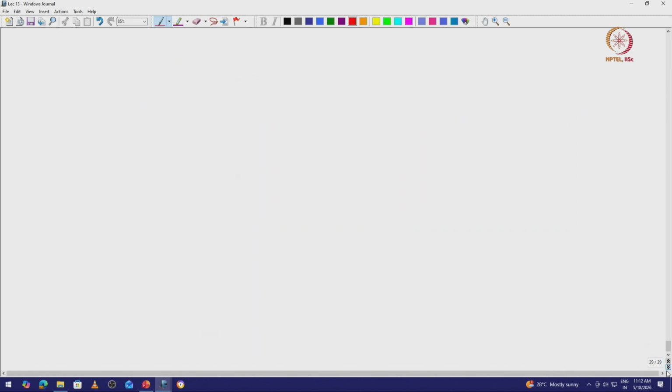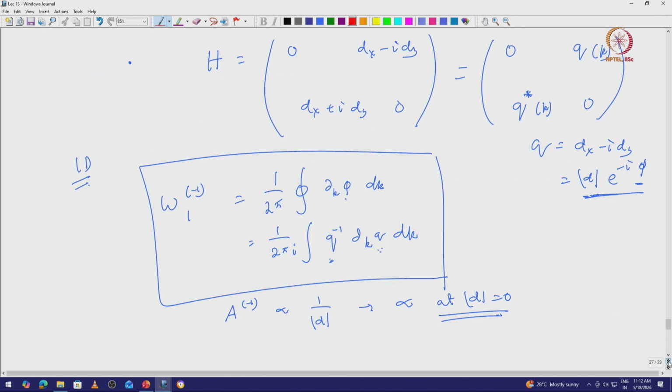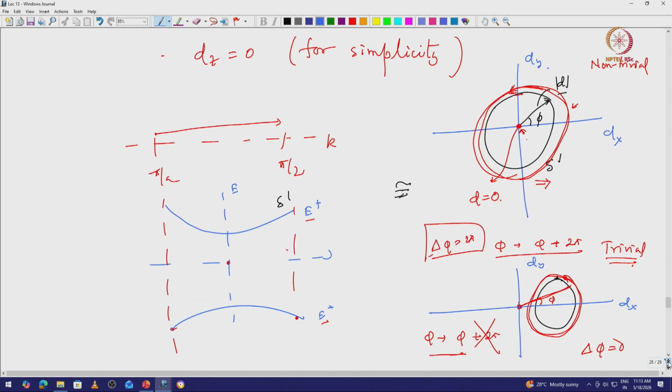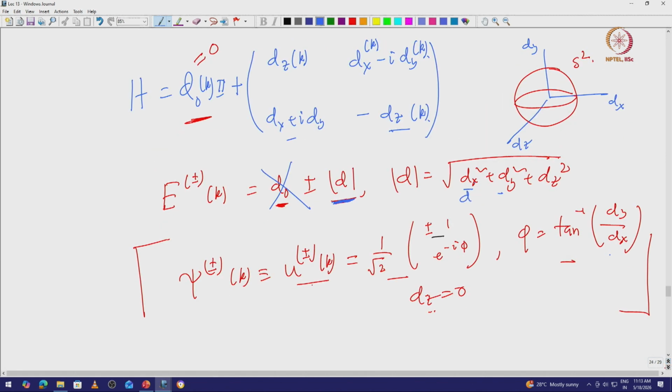Okay. So, let us see that. Energy eigenvalue will again be plus minus d, which is now the square root of d1 square plus d2 square plus d3 square. I will keep on using dx, dy, dz or d1, d2, d3, just adjusting the notation, and different books use different notation. So, as you can see, in many places I change it to dx, dy.